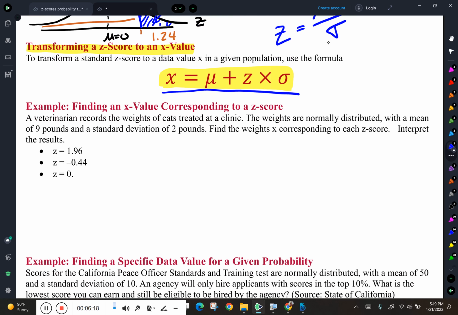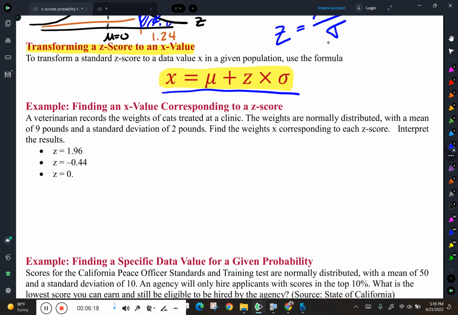An agency will only hire applicants with scores in the top 10%. So there's some score over here where the area to the right is only 10%, and we want to know what that number is. How high of a score do I have to get to be in that top 10%?